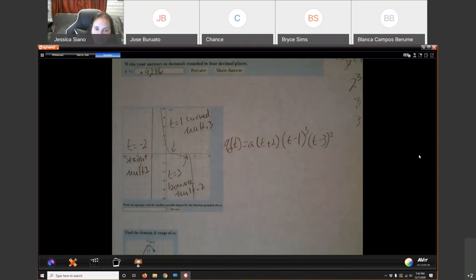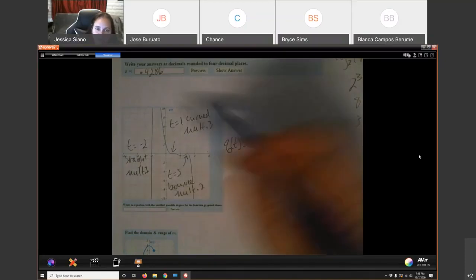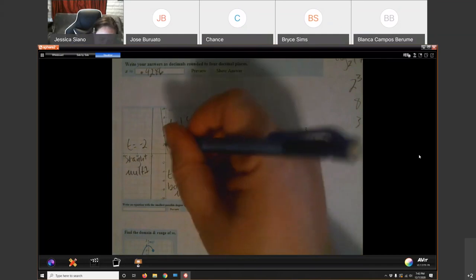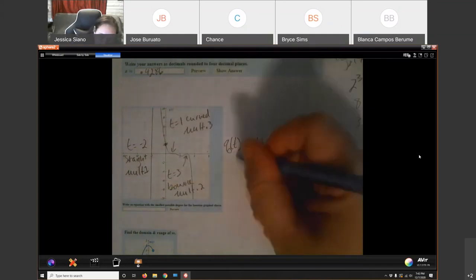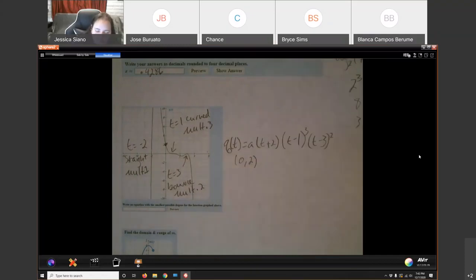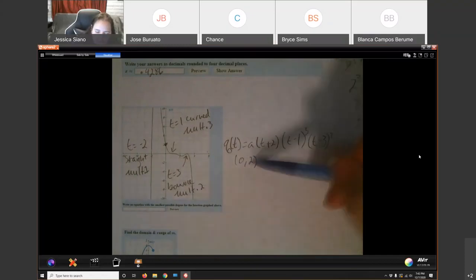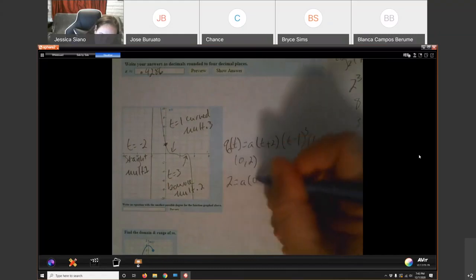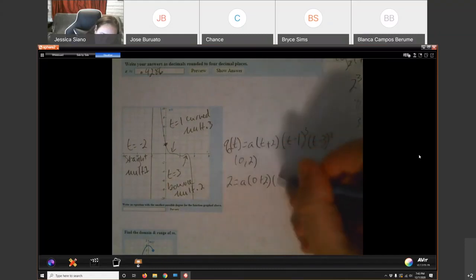Right? Because of my behavior at my zeros. I also know the point 0, 2. So I'm going to make y 2 and t 0, and I'm going to solve for a.